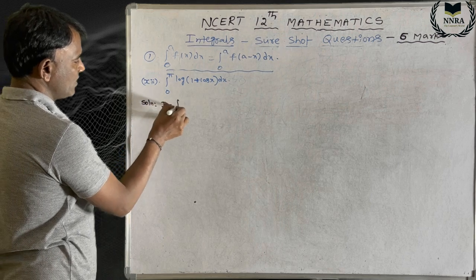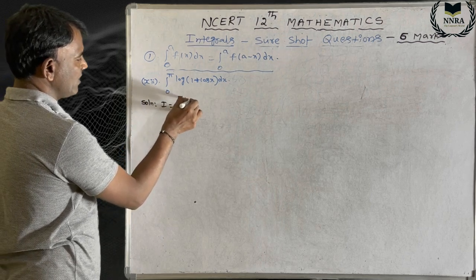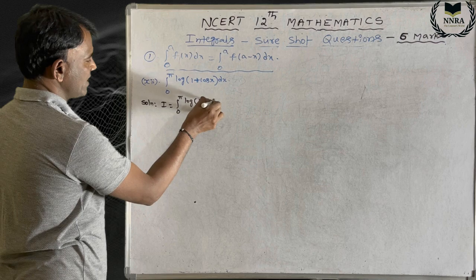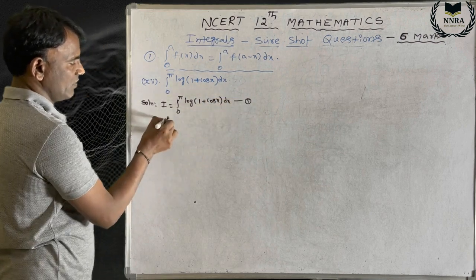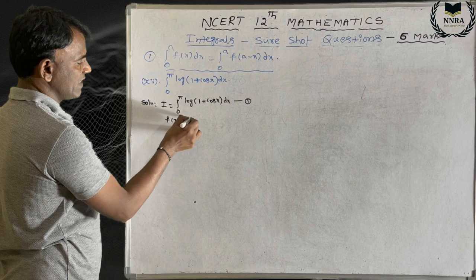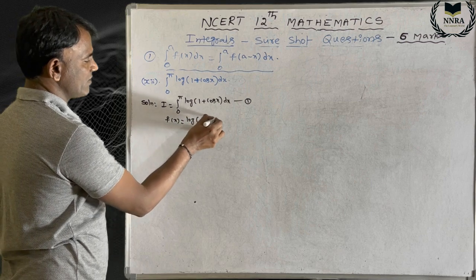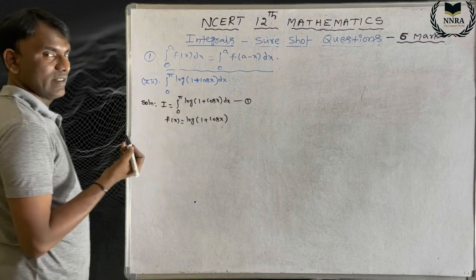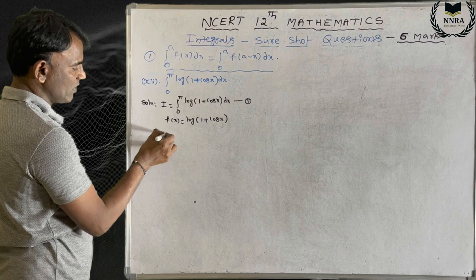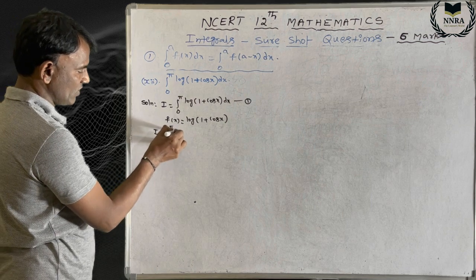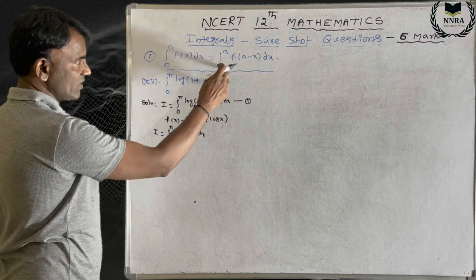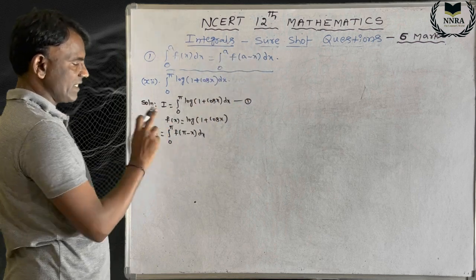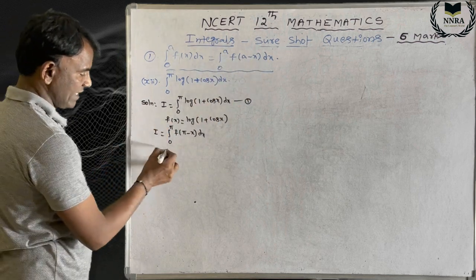I equal to integral 0 to pi log of 1 plus cos x dx. Equation number 1. What is the value of f of x? That is log of 1 plus cos x, right? And again we write one more I value, that is integral 0 to pi f of pi minus x dx, like 0 to a, f of a minus x, where a equal to pi. So how to write it?